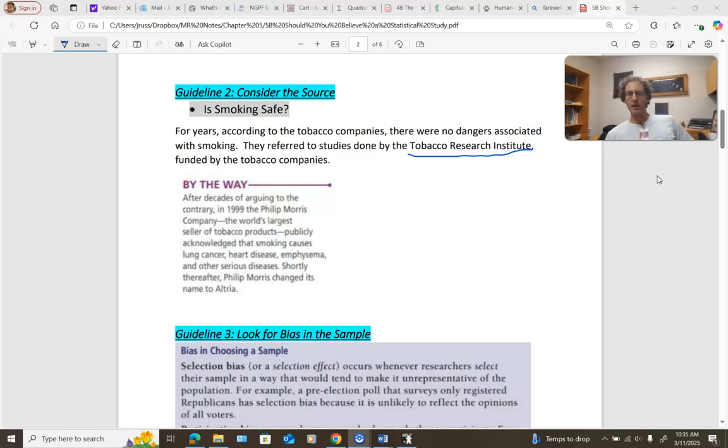Now, they're not supposed to be biased or have a vested interest, and you could say, well, ideally they don't, but that may not necessarily be true, because politics and money can really change a person's motivation. But anyway, that's the idea behind having a governmental agency like the Food and Drug Administration. It's supposed to be this outside entity that can test and study these things without an agenda.